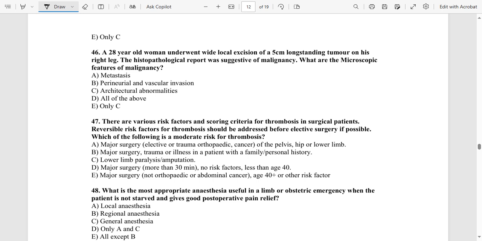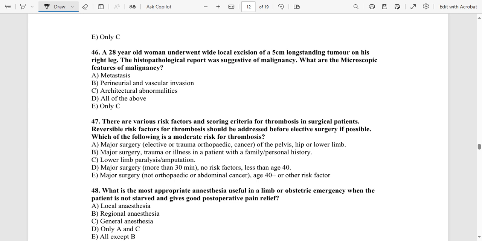Malignant tumors usually cause vascular invasion and also have abnormal cellular growth, so there'll be architectural abnormalities. All right, thank you so much.